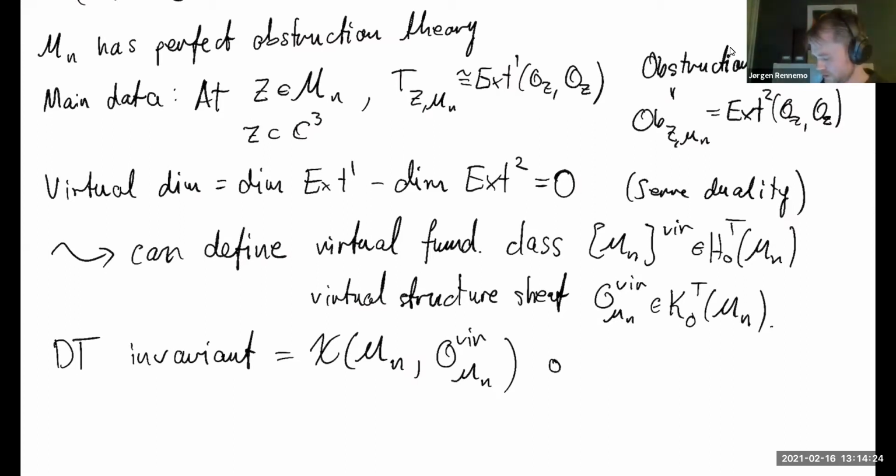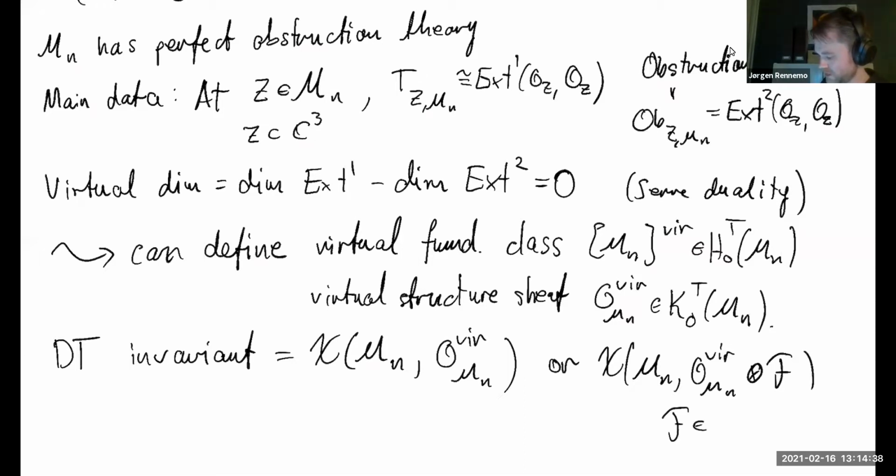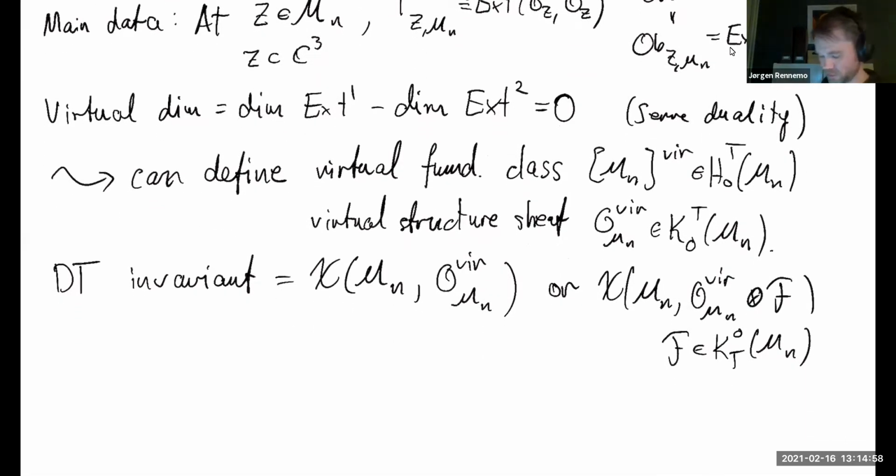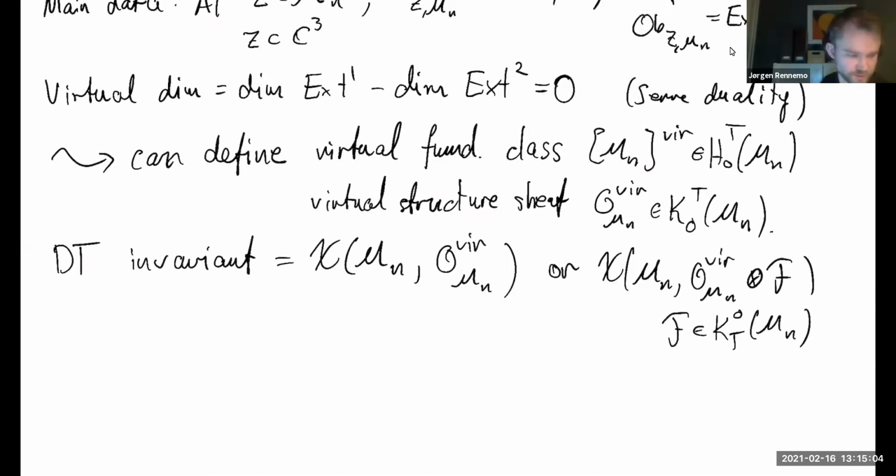This is the first thing you can do, but you can also compute more general things, tensoring with f, where f is some locally free K-theory class. Maybe just take f to be some locally free sheaf. Again, you've defined the K-theory class, and computing its Euler characteristic is at least a problem. Whether it's an interesting problem depends on what you choose to insert, perhaps.